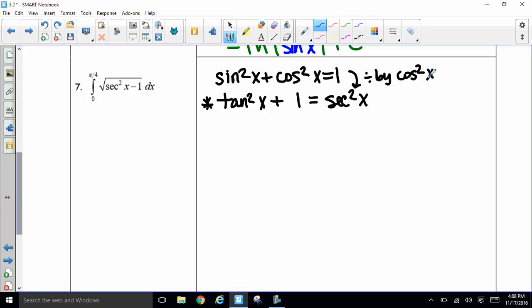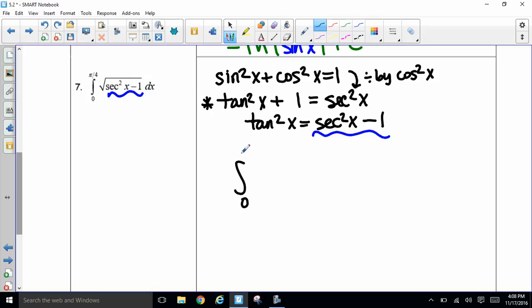And then I'm going to rearrange and say, okay, so that means tangent squared of x equals secant squared of x minus 1, which is what I happen to have over here inside my radical. So I can turn this into the integral from 0 to pi over 4 of the square root of tangent squared of x.